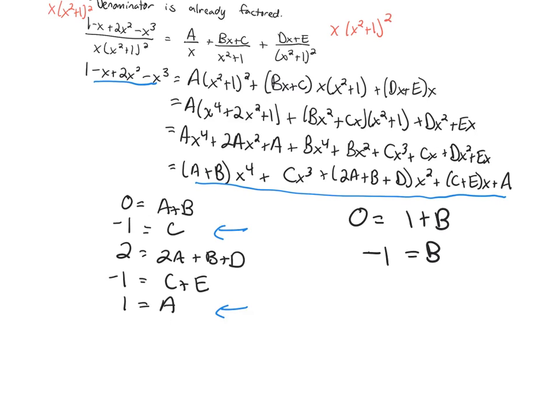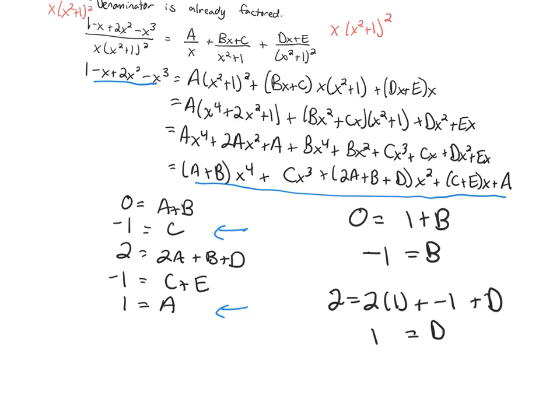What other variable can I solve for? We know C, right? From our second equation, what else? You can solve for D now. We know A and B, so let's go to our third equation, and it says 2 equals 2 times A plus B plus D. So if we solve for D, you should get 1.